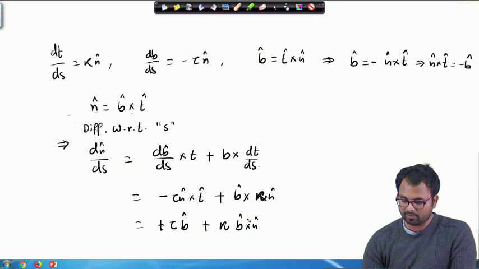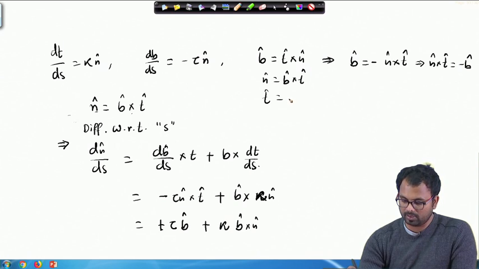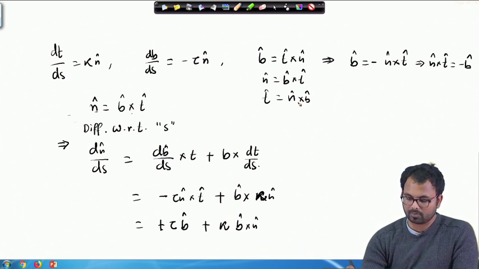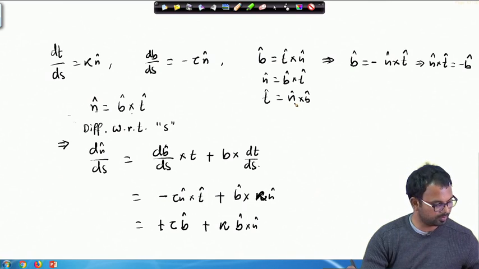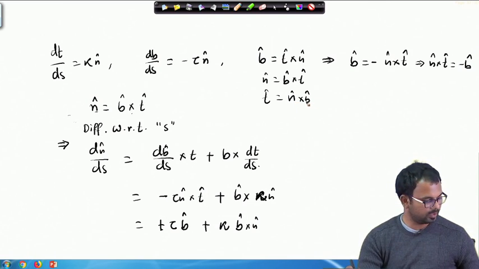We know that B equals T cross N, N equals B cross T, and T equals N cross B. Let me just confirm, T equals N cross B, that's correct.